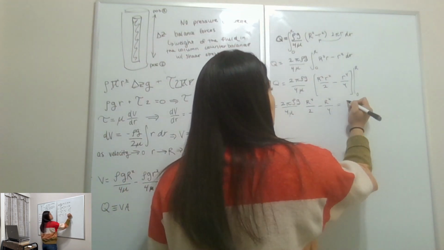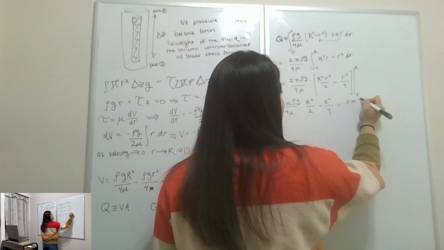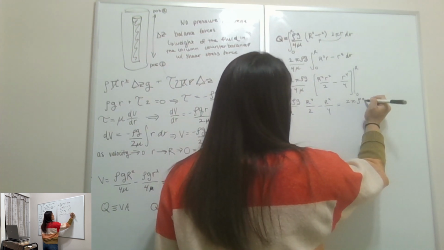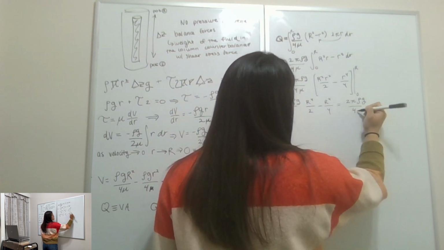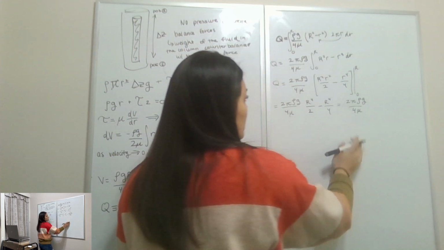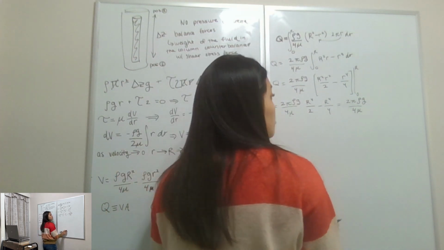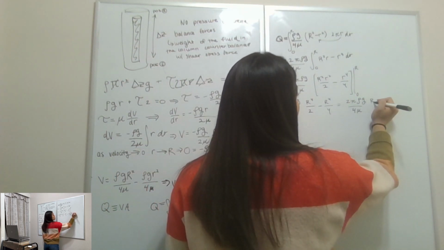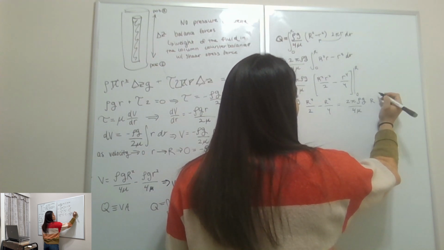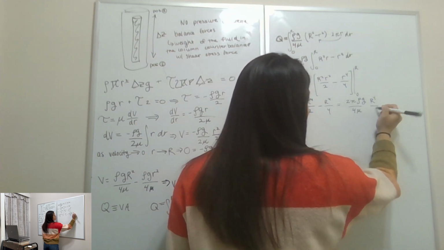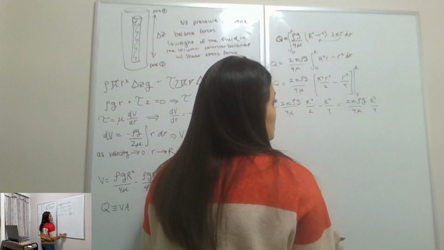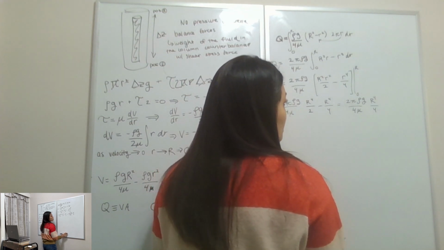So it's going to give us 2 pi times the density times the gravitational acceleration divided by 4 times the viscosity. 1/2 minus 1/4 is 1/4. So that's going to give us the outer radius to the 4th over 4, which we can simplify.